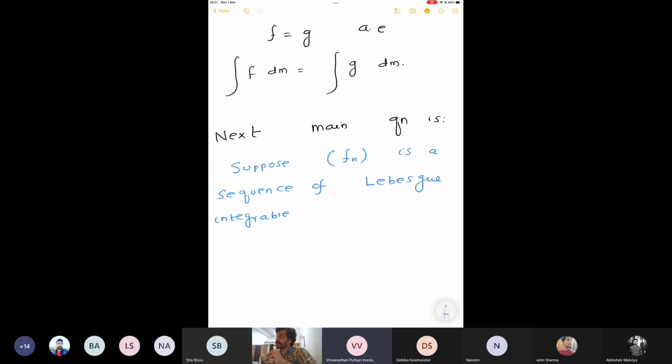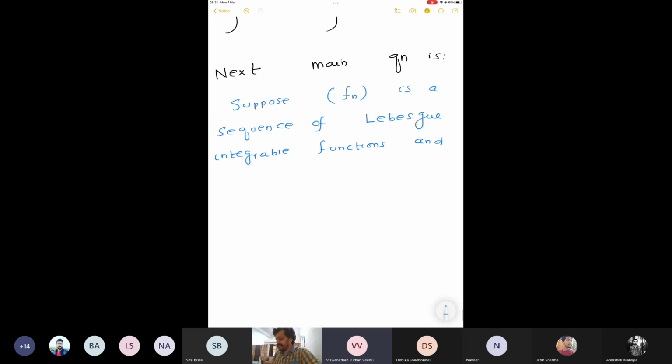To talk about Lebesgue integrability, at least we should start with measurable functions. So obviously, f_n is a sequence of measurable functions, and let f_n converge to f almost everywhere. f_n(x) converges to f(x) almost everywhere. Then, is f Lebesgue integrable? That is one question we want to ask.